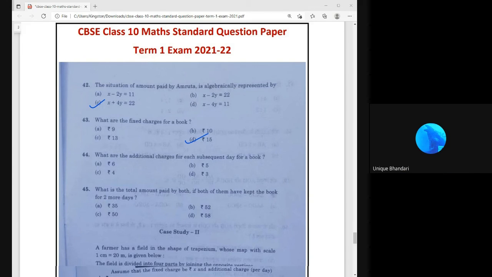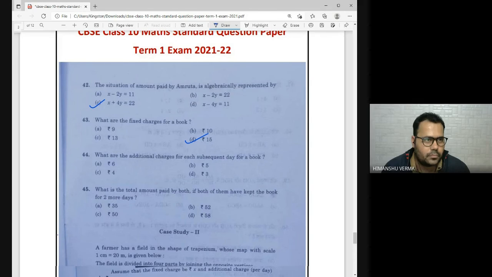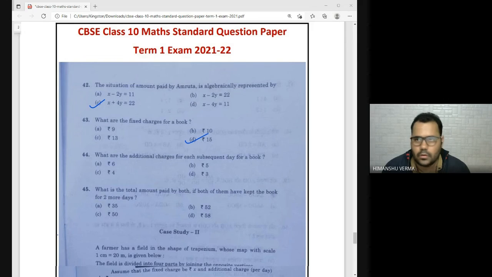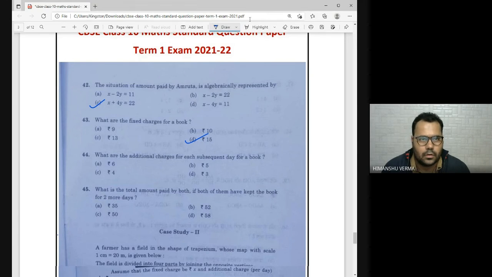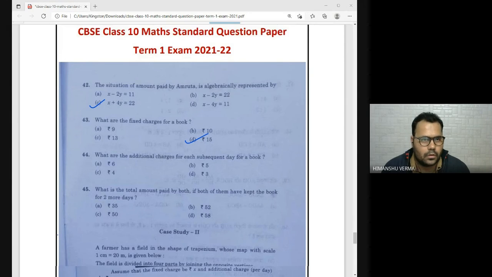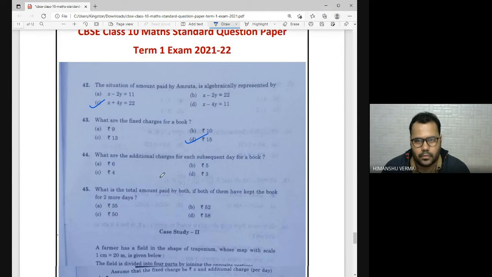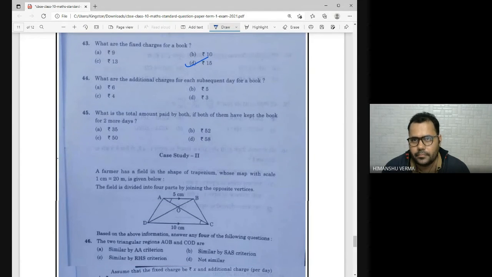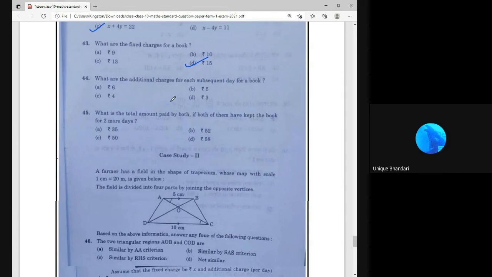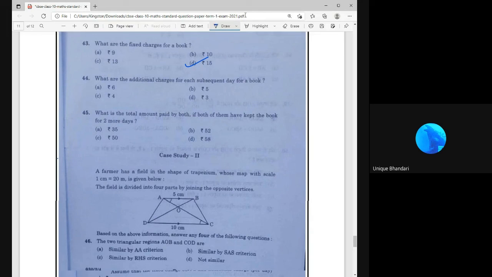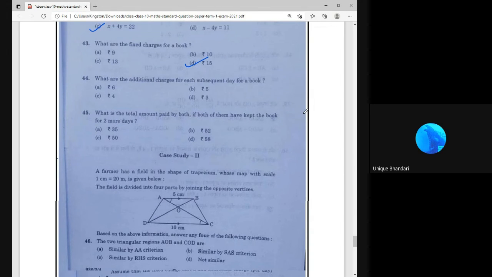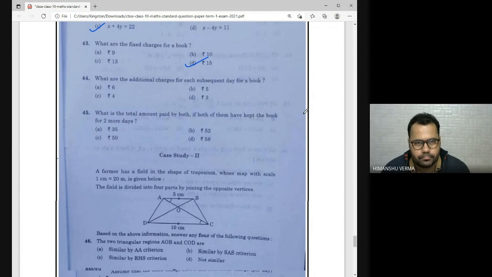Sir, 43 is B. Just give me 1 second. Yes, 43 is B. The fixed charge is 10 and the additional charge is 3 every day.